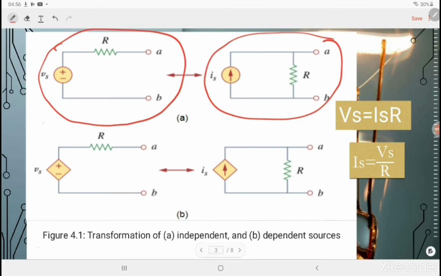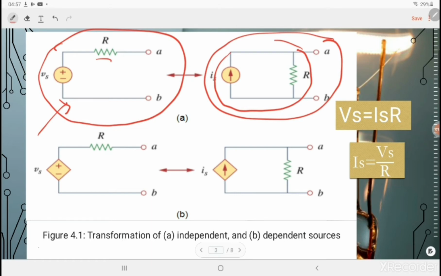It can only be applied to a circuit with a voltage source in series with a resistor, or a current source in parallel with a resistor. Source transformation can also be applied to dependent sources.